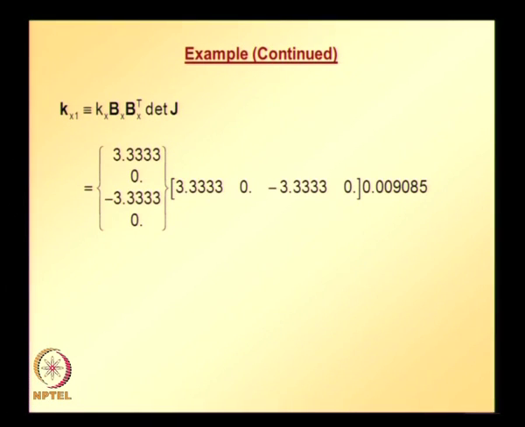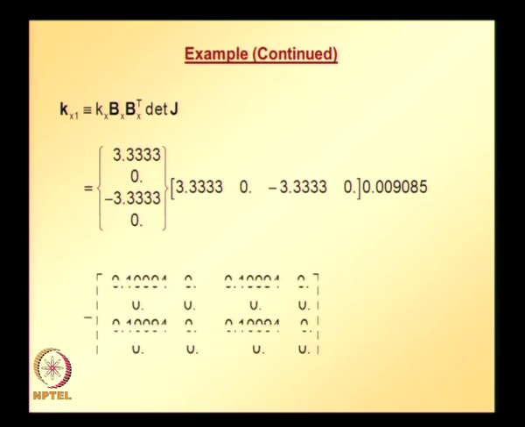So, substituting the Bx vector, Kx is constant, which is equal to 1, and the determinant of J, we can evaluate the contribution that comes from the first integration point to the matrix Kx. So, carrying out vector multiplication, we get this matrix.